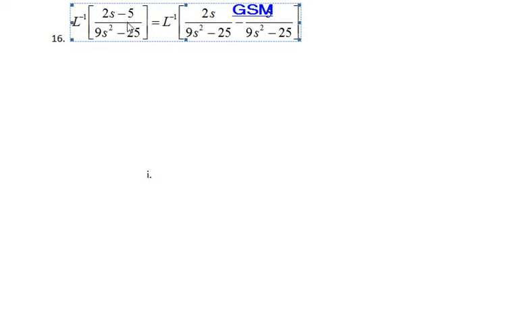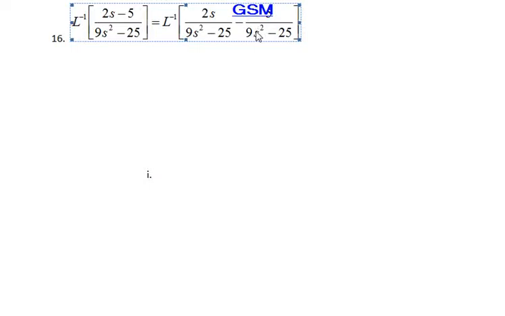Distribute the denominator to the numerators. So separate the numerators: 2s divided by 9s square minus 25, minus 5 by 9s square minus 25.